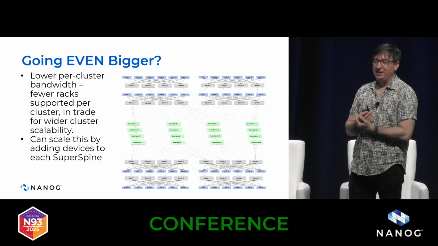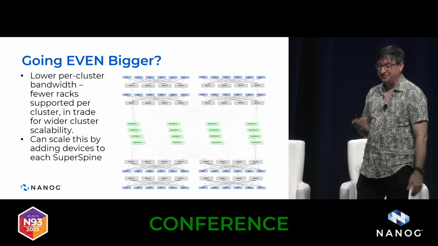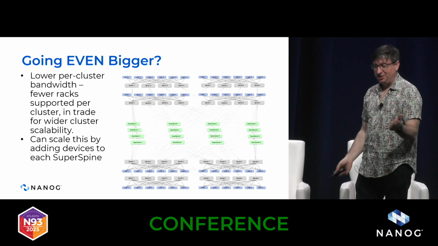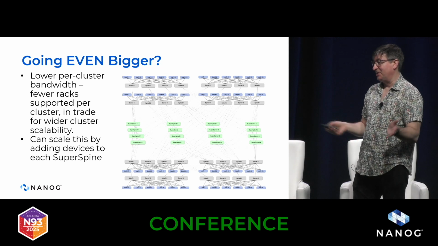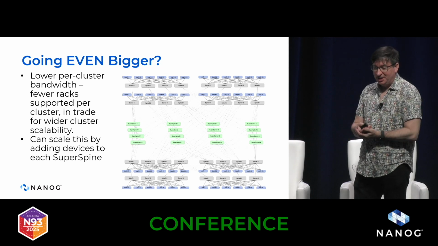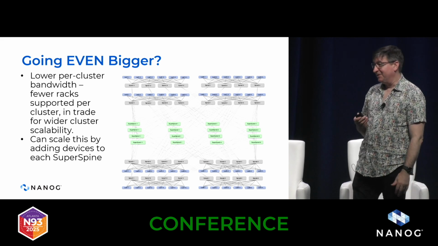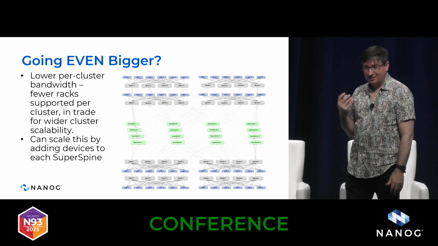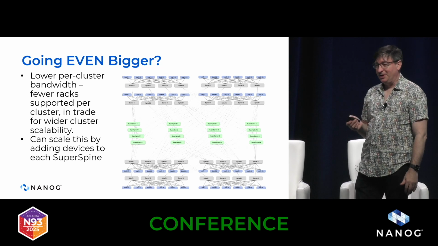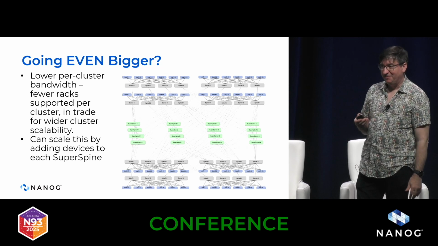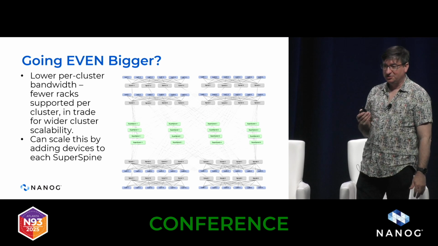So in the end, you wind up getting substantially more leaves. And again, expand the number of super spines, expand the number of planes, and you can get to pretty significant scales here, at the big 3, big 4 hyperscaler levels.